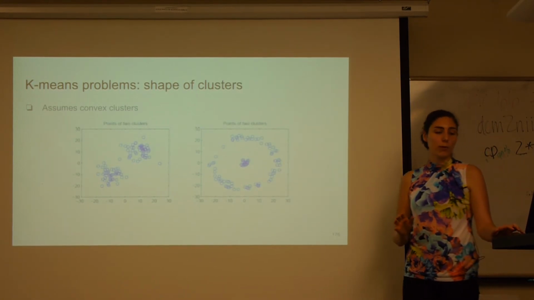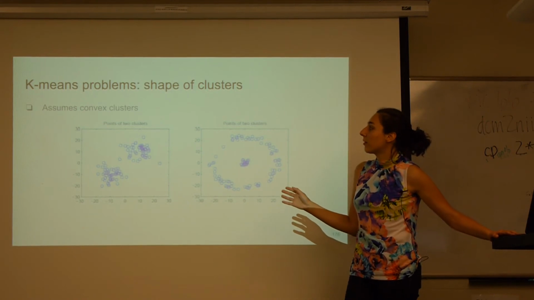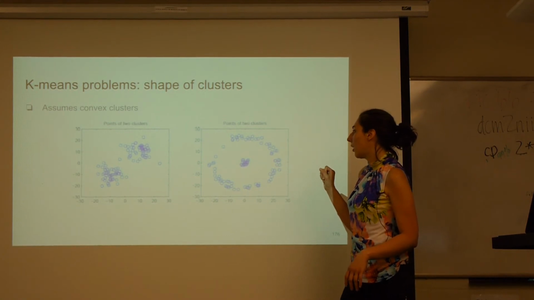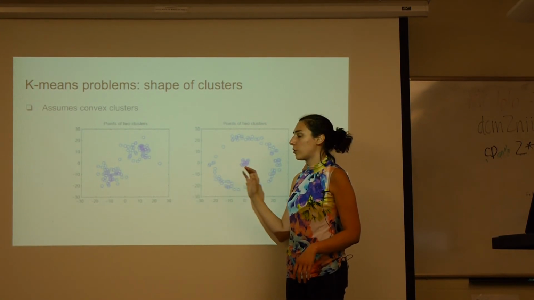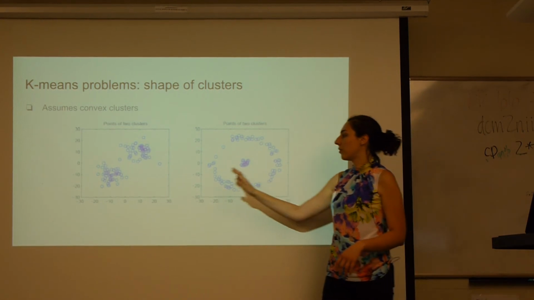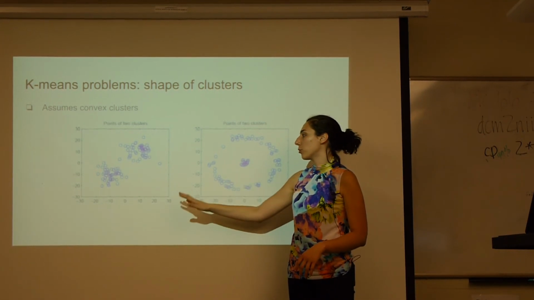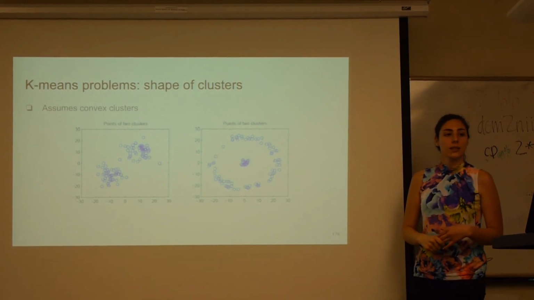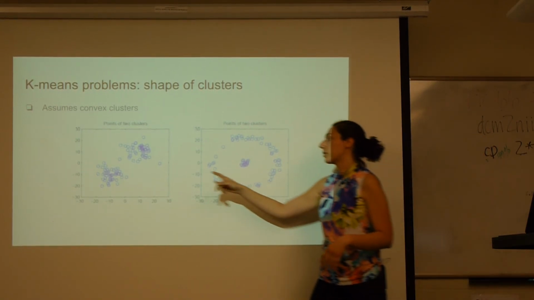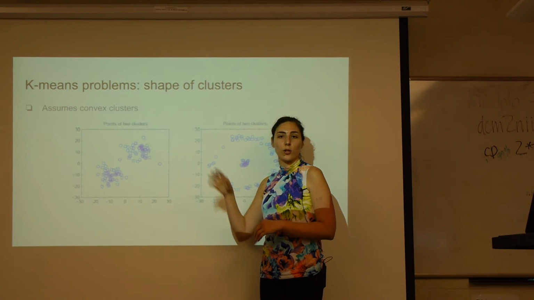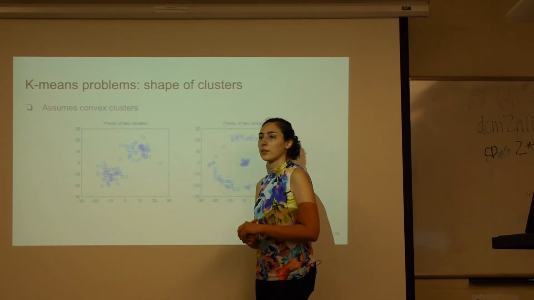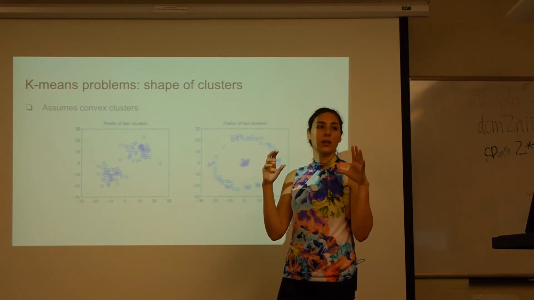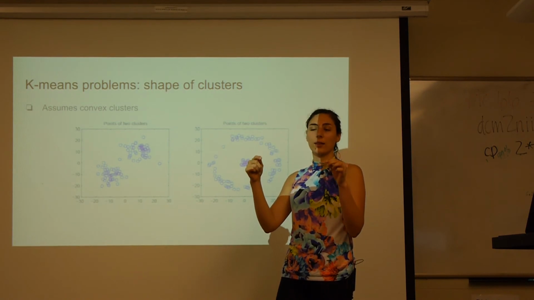OK, so the last problem with k-means that we discuss here is that it assumes convexity of clusters. So can you tell me which of these two different data sets k-means will do better on? Convex means that basically you can't draw a line between two data points that is outside the cluster.